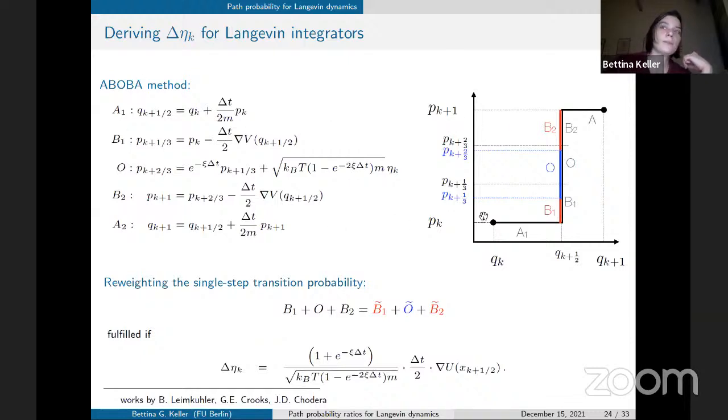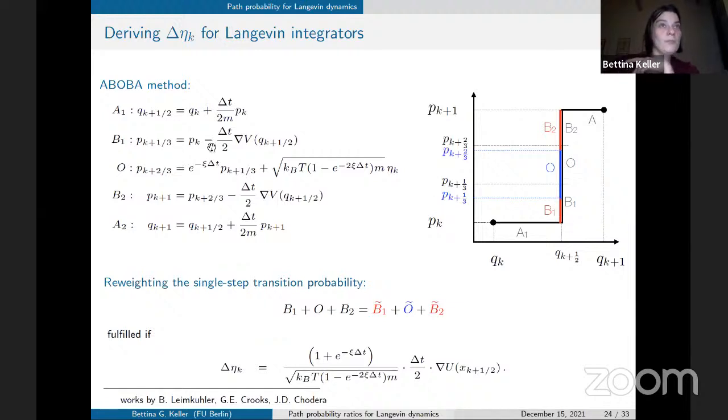The integrator breaks this transition down into 5 steps: A, an update in the positions, B, O, B, 3 updates in the momenta, and then A again, an update in the positions. Now, these vertical lines don't depend on the potential whatsoever. So they will be the same whether you conduct this at V or at the target potential, the simulation potential.